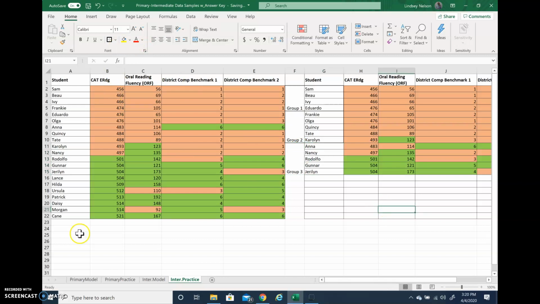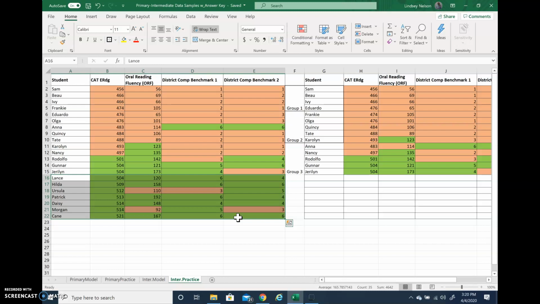Okay, then I've got a few students left, Lance down through Kane. As I'm looking at these students, again, I'm noticing a lot of similarities and a lot of proficient scores. One thing stands out to me though.